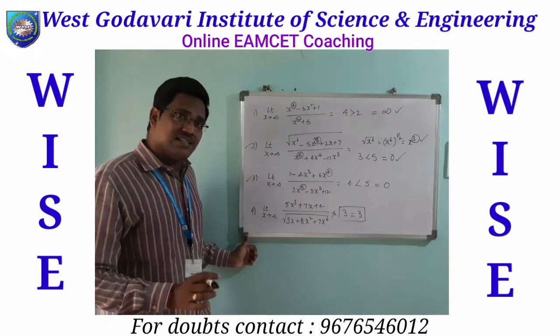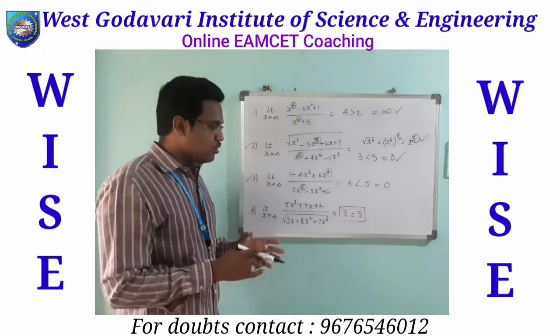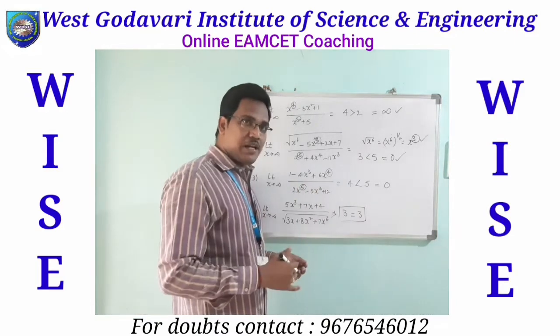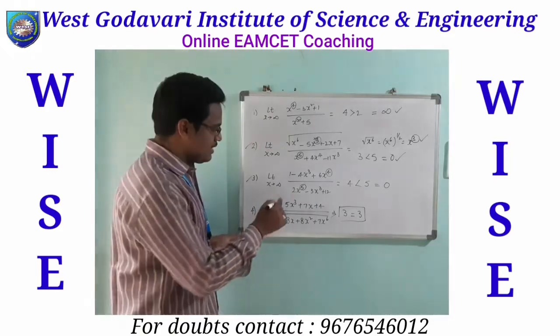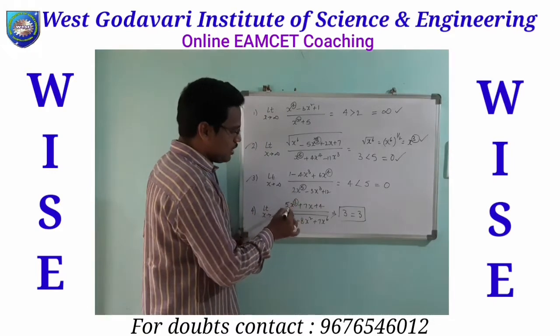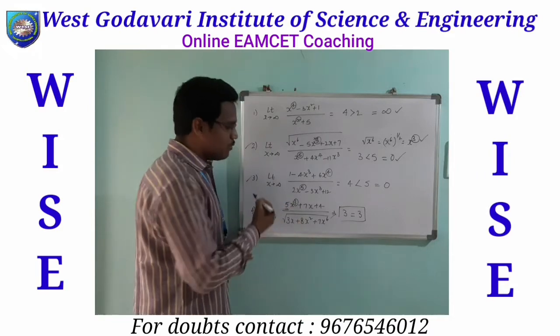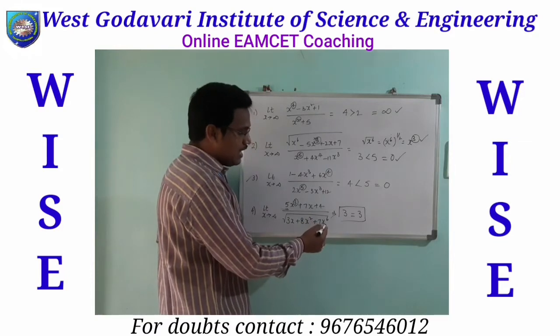The third case is whenever the numerator highest power is equal to the denominator highest power. The formula is the coefficient of the highest power in the numerator by the coefficient of the highest power in the denominator.